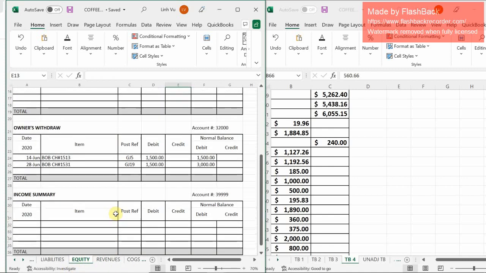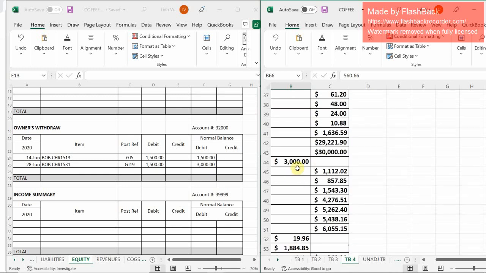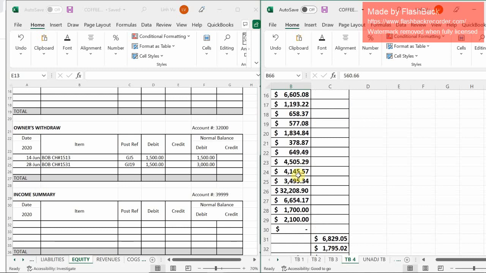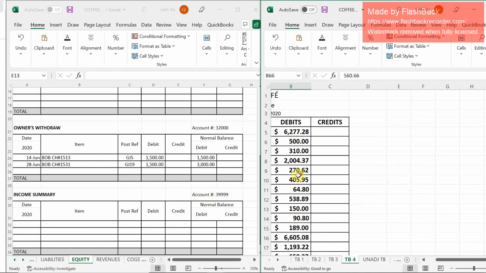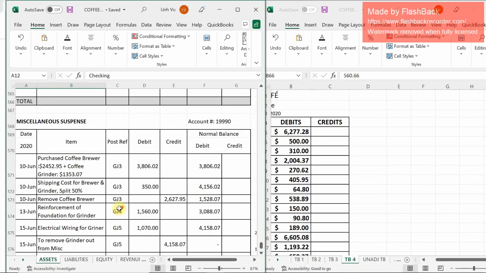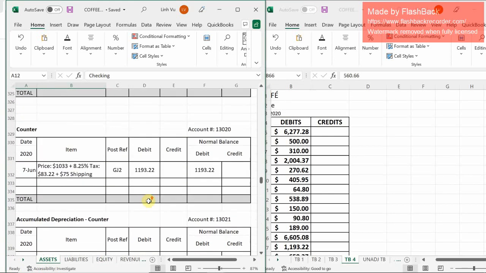Equity is now $3,000 for the withdrawal. And all of these should be fairly the same. So let me double check my checking account one more time. So checking, I have 6,000.